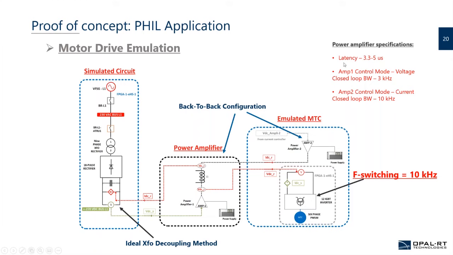The total latency that we measured is between 3 to 5 microseconds, which is very good, very low. The first amplifier here is controlled in voltage mode with a bandwidth of 3 kilohertz, while the second one is controlled in current mode to ensure the real current, and the bandwidth is 10 kilohertz.